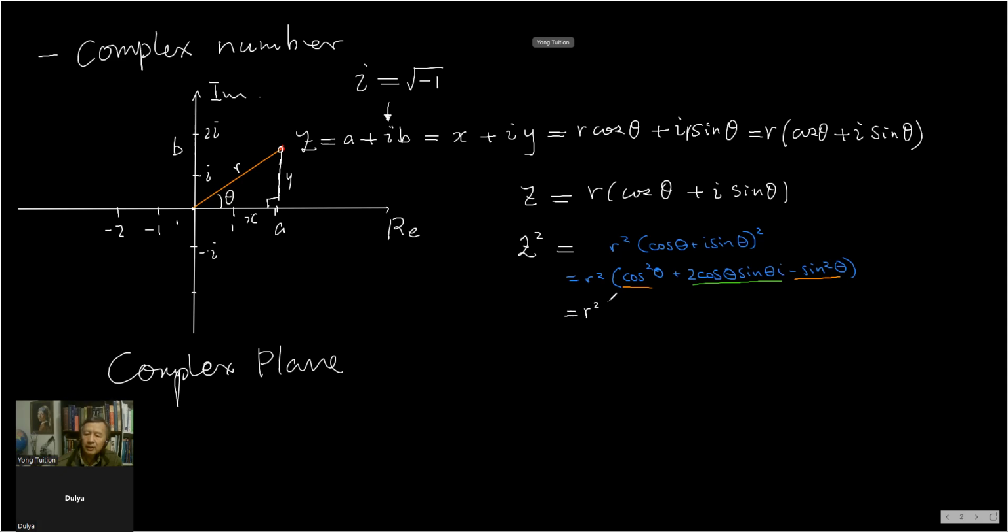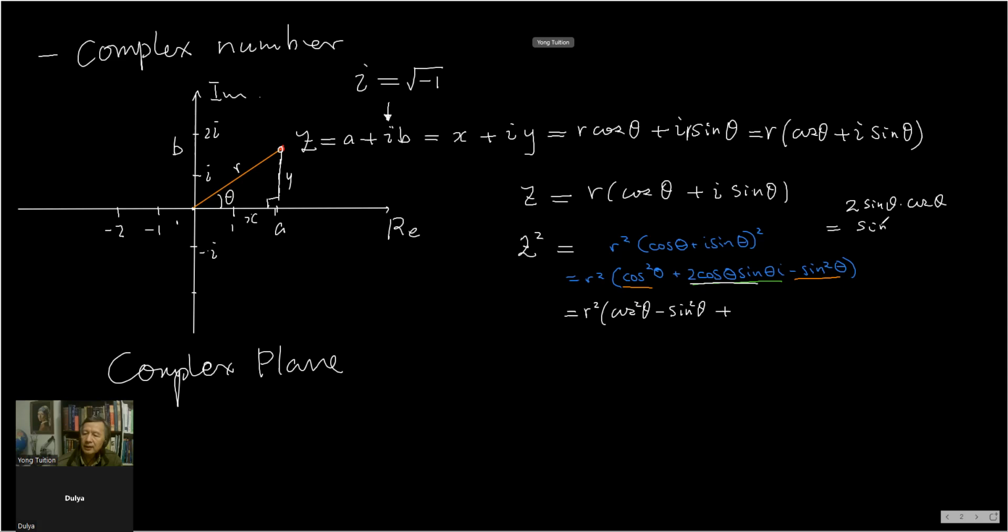R squared cosine squared theta take away sine squared theta. Okay. Plus, use your knowledge. Can we simplify this a little bit? Can we simplify 2 sine theta cosine theta? Can we simplify this?